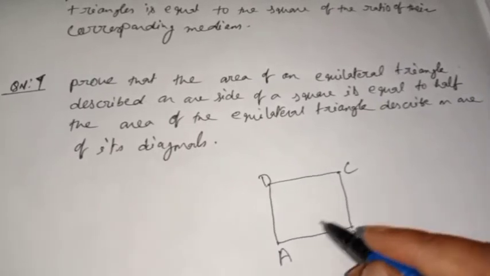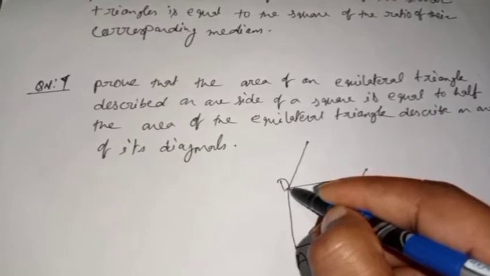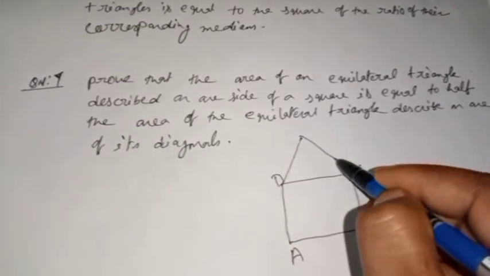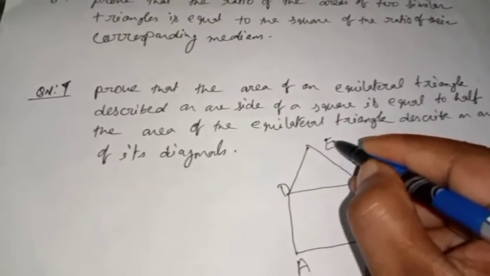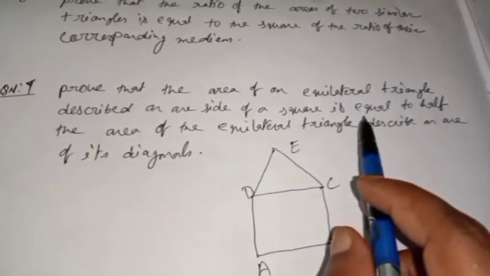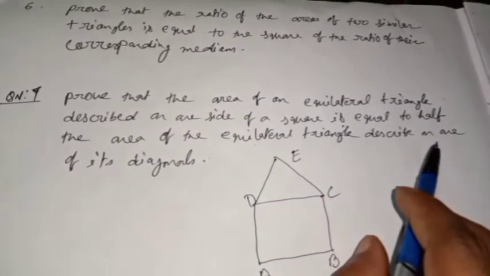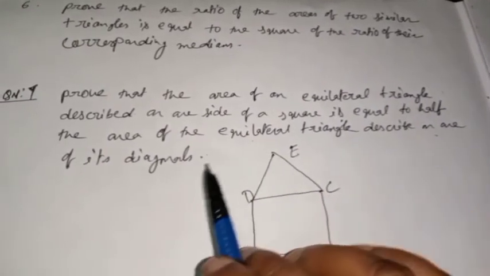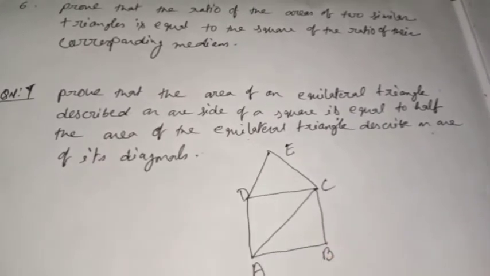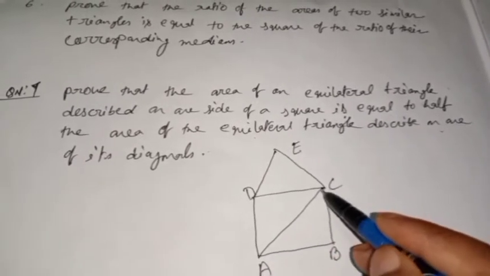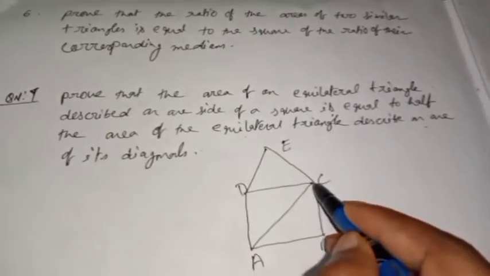Suppose I am taking DC. So this is E, an equilateral triangle. This is equal to half the area of the equilateral triangle described on one of its diagonals. Suppose I am drawing a diagonal AC. Now, by taking the measurement AC, you have to draw one more equilateral triangle.